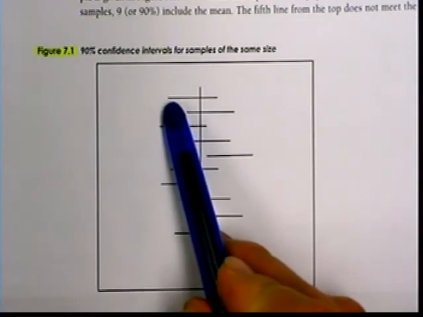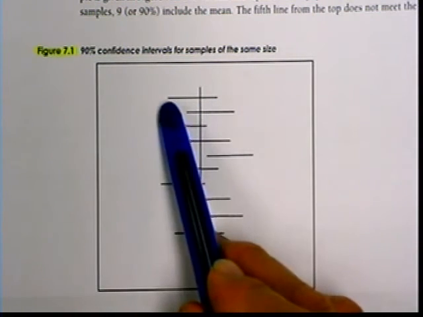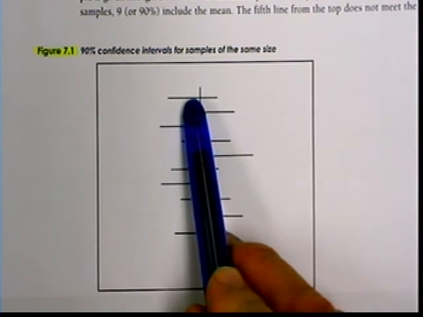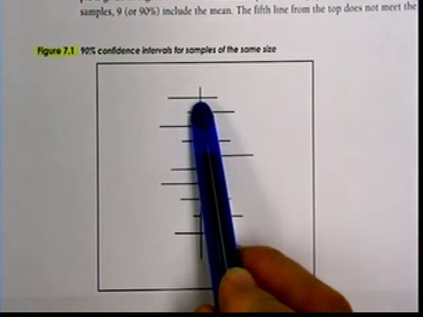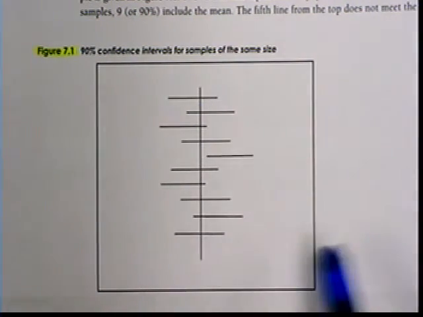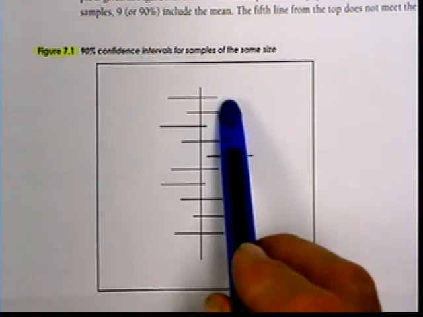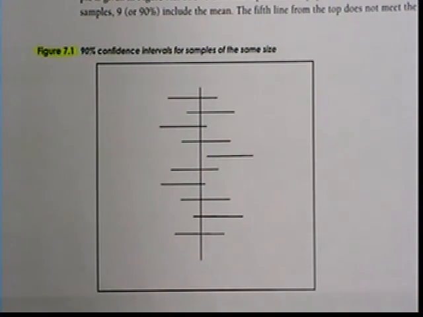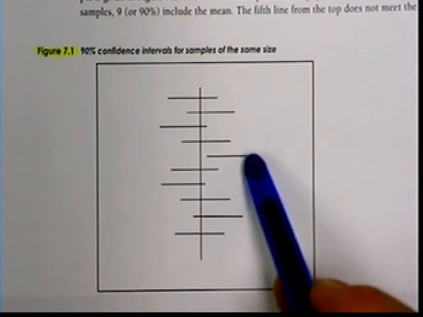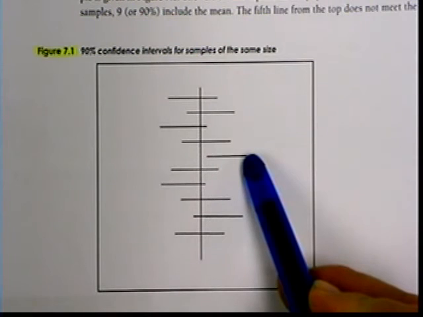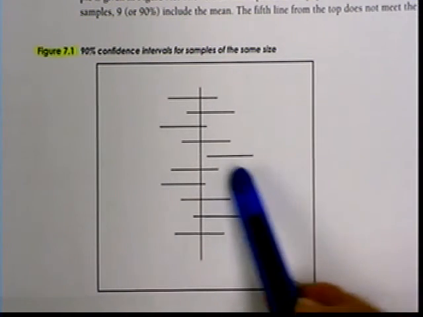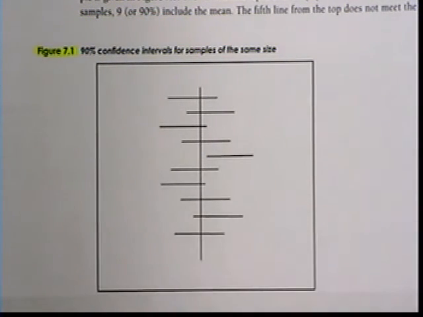We might have gotten a sample that's off to the side like this, where our mean is sort of in the middle, but the true population mean is there. The important thing is that our confidence interval contains that value. Now, if you go down through this, you see that there's this one sample right here that doesn't contain the population mean.